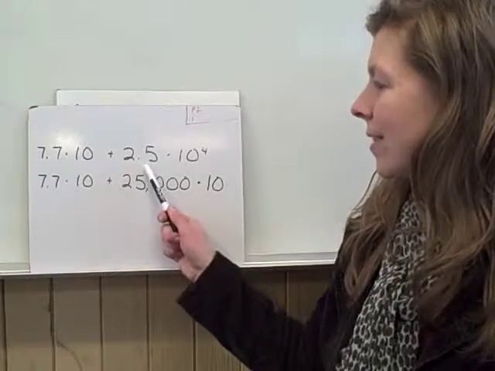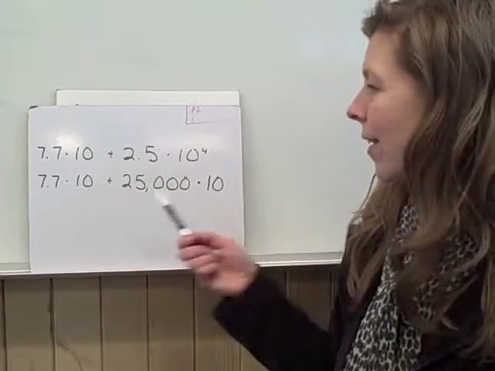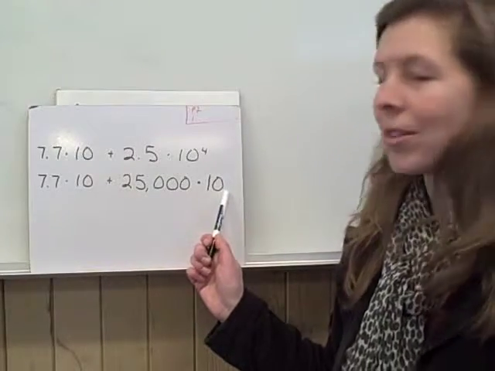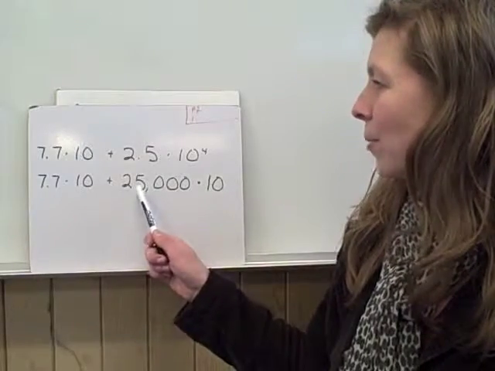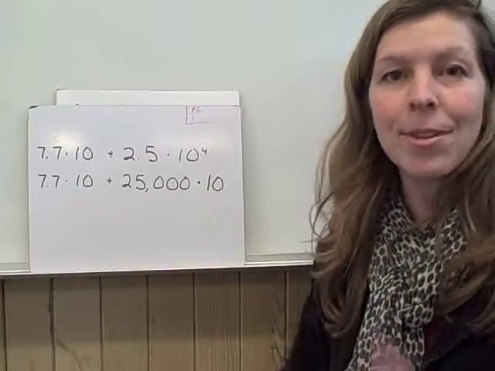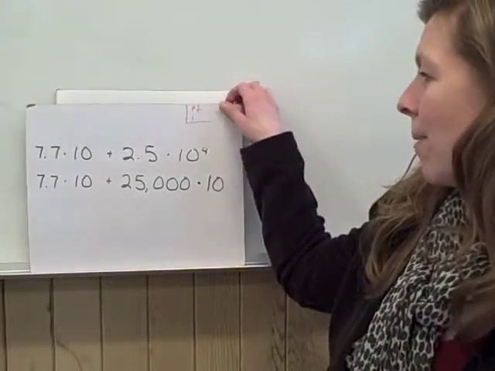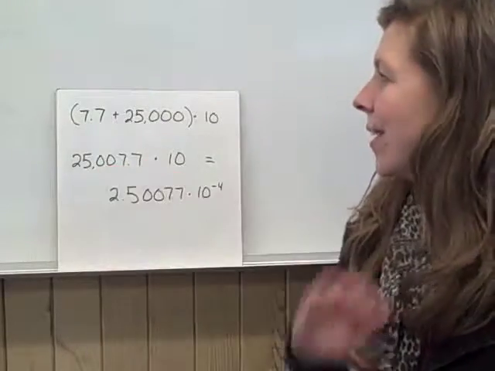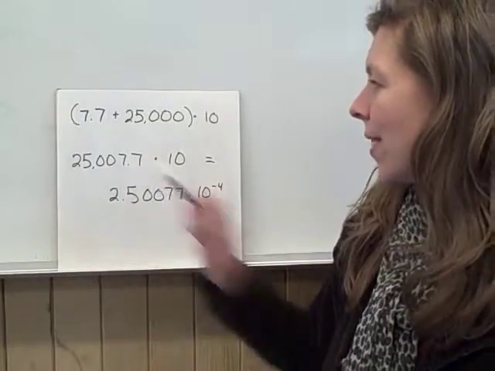So since this is 2.5 times 10 to the 4th, we agree that changing it so that we are multiplying it just by 10 rather than 10 to the 4th, 2.5 becomes 25,000. You guys are understanding that perfectly, so I'm not worried about that. But then what happens is then we add it, and so I combined 7.7 and 25,000, and you got that.